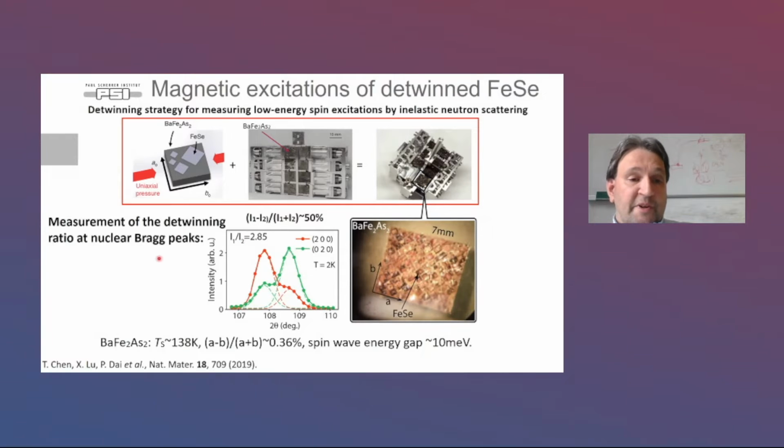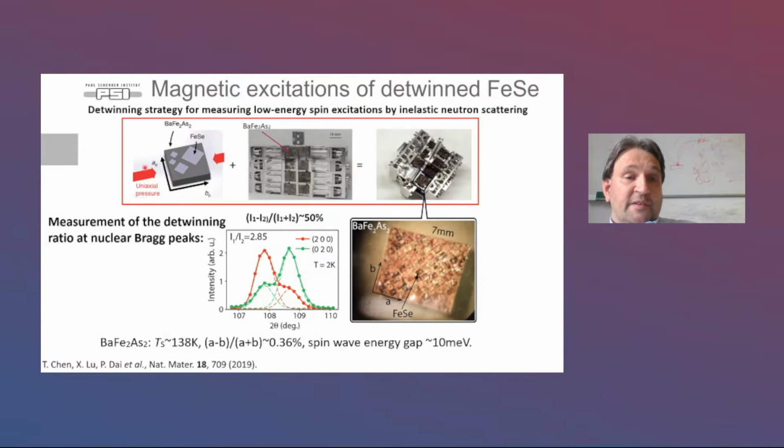So the group of Pengcheng Dai, together with Jingyi Lu, developed a very smart method to detwin iron selenide in an indirect way. If you would just detwin it by pressing onto the iron selenide crystal, you would really have trouble, because it's a very soft material. You would rather destroy it, or it would simply not be possible to detwin it.